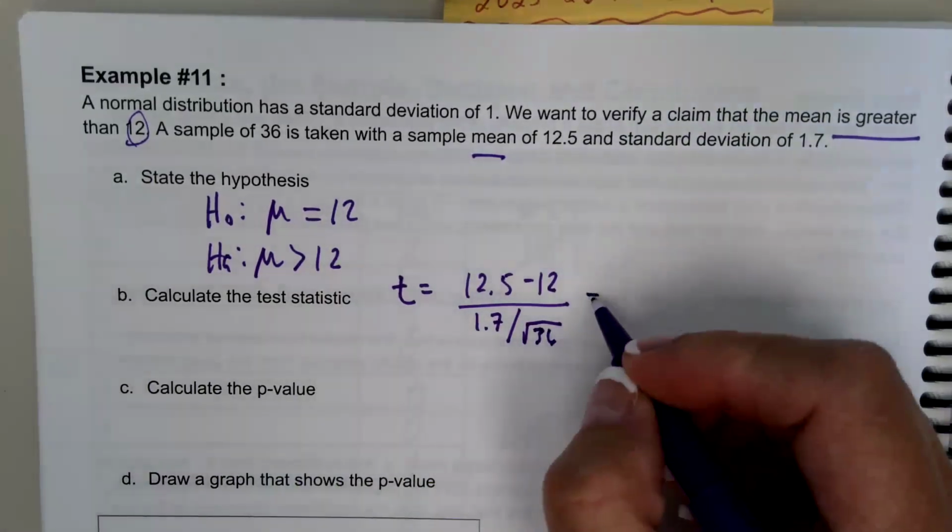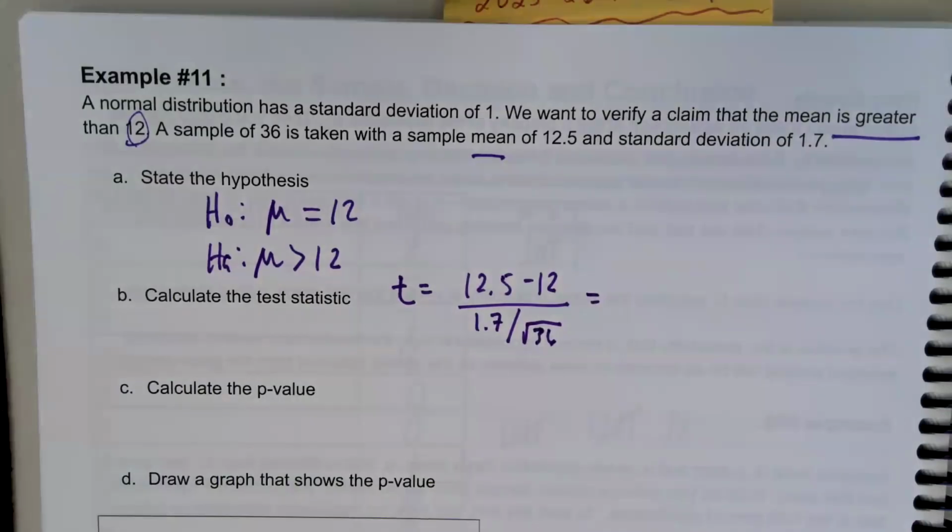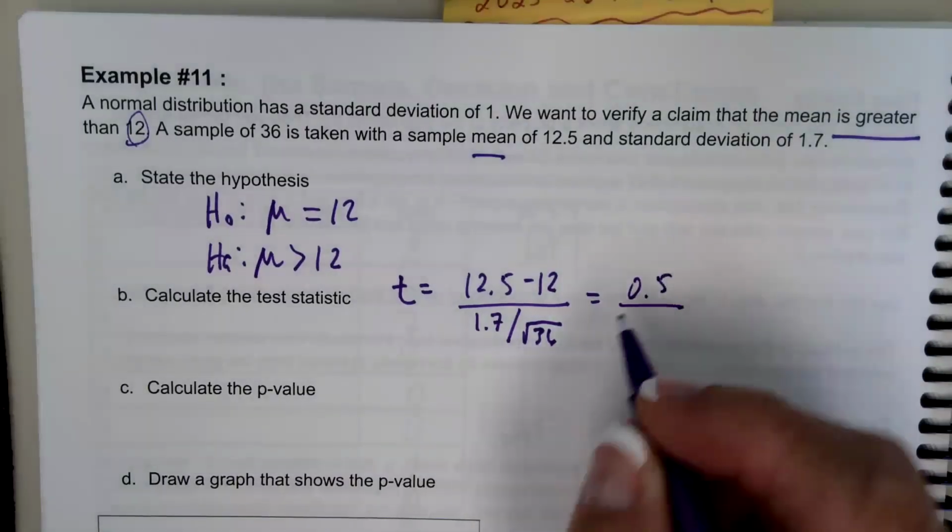Calculate the p-value. So we're going to go ahead and calculate this right here. So we have 12.5 minus 12. So this is 0.5.